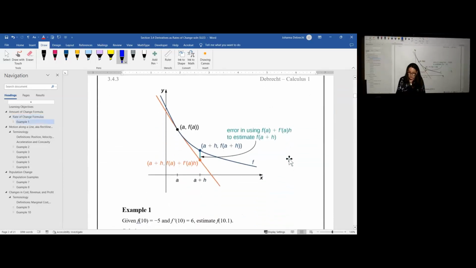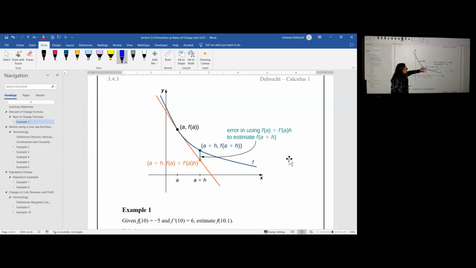Let's look at a graph and see what the error is in using the point on the tangent line to approximate the point on the graph. Here's our point A, f of A, and we've zoomed in on this graph, so the distance between A and A plus h may only be 0.1 or less.